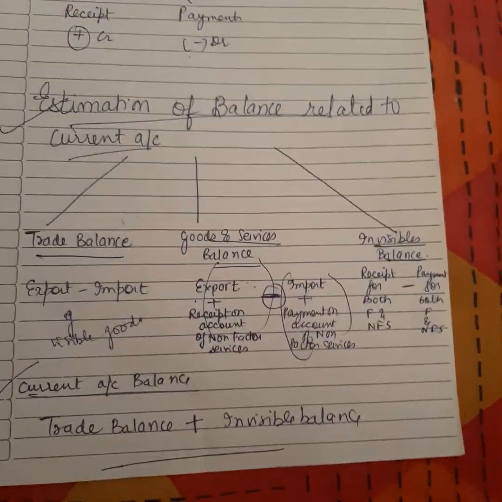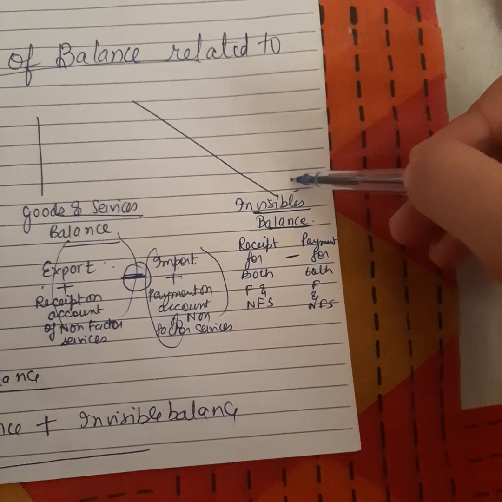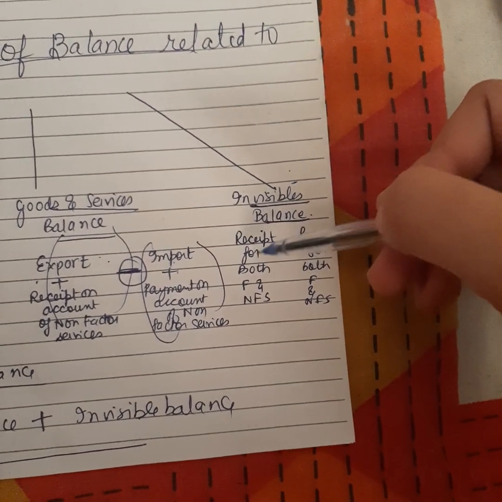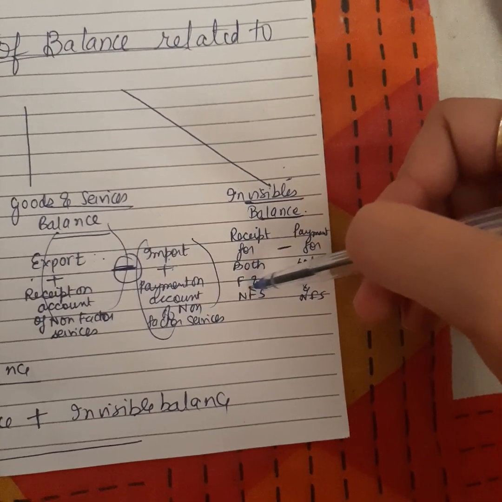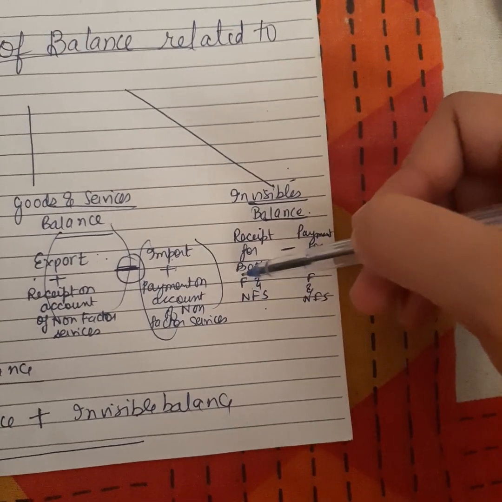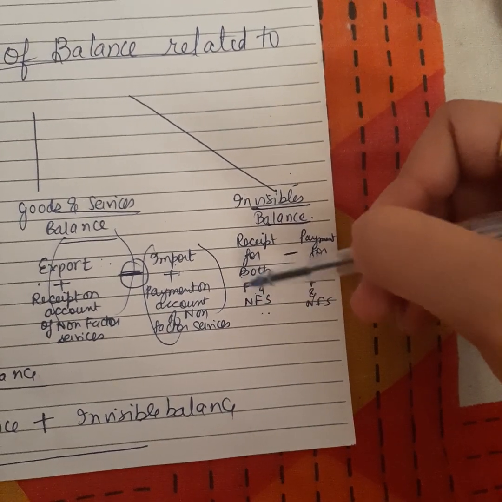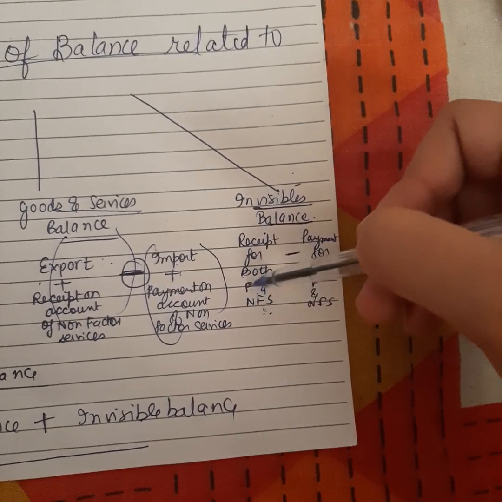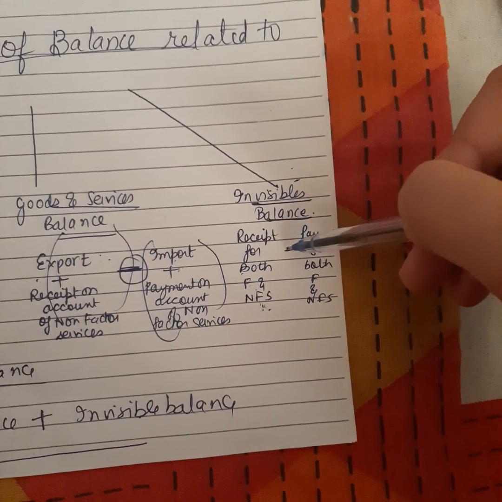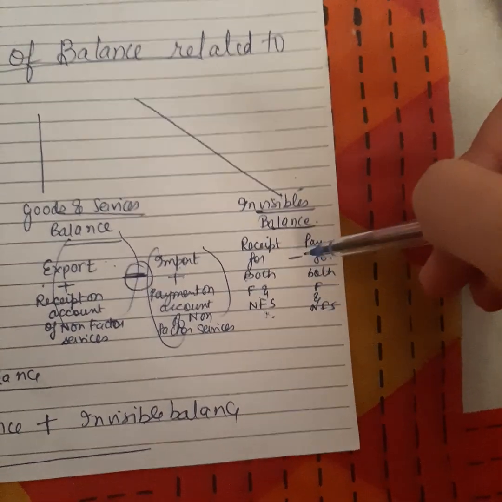Next, invisibles balance. Now, what is invisibles balance? Receipt for both factor and non-factor services. That means you are going to add factor services and non-factor services both. And you have to subtract payment which has been made on account of factor and non-factor services both.